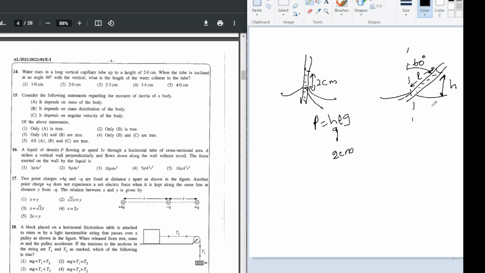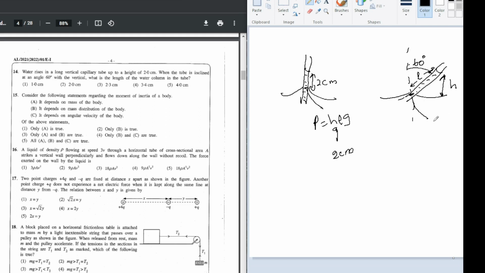The liquid is also the same. So the pressure at this level must be equal to the same pressure as in figure 1. This pressure in 1 and 2 at the surface level of the water must be the same.